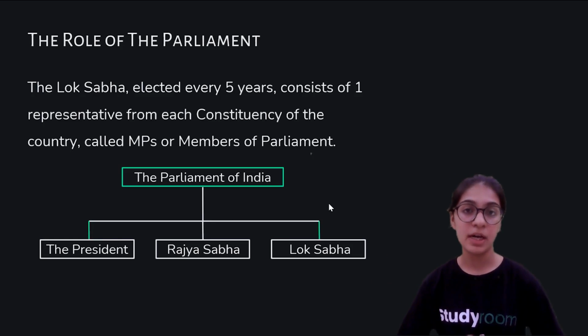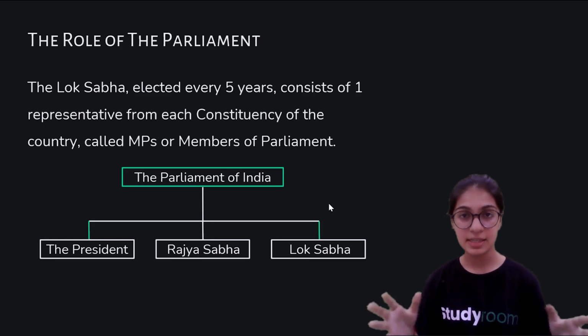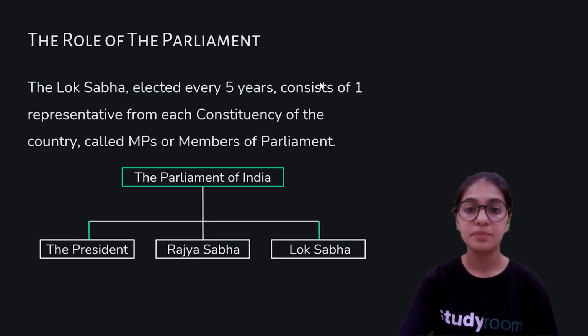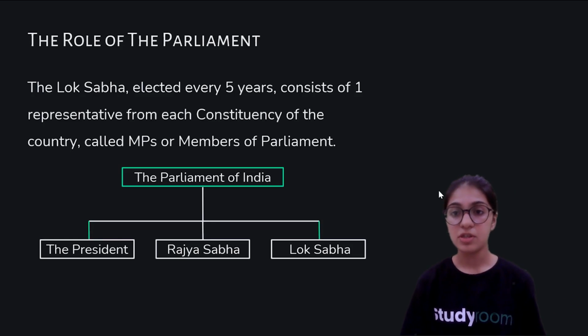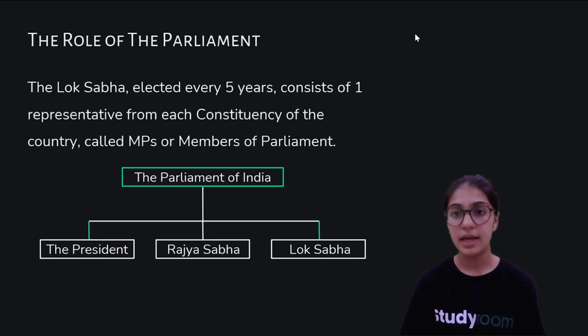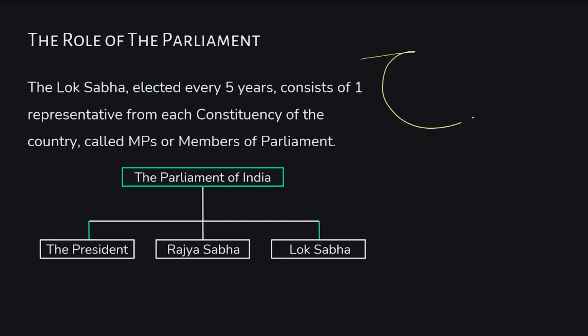Now how is the Member of Parliament elected? Let's understand that. As we assumed that there are 20 seats in Maharashtra, let's say this is Maharashtra, and there are 20 seats. I won't be able to draw all 20, but keep in mind that there are 20 seats in Maharashtra, which is again a hypothetical figure, not the real one.